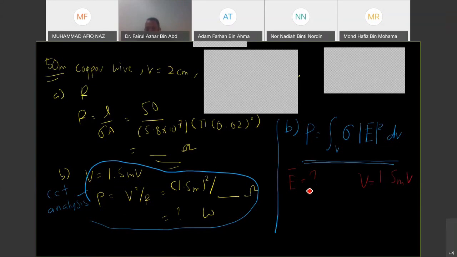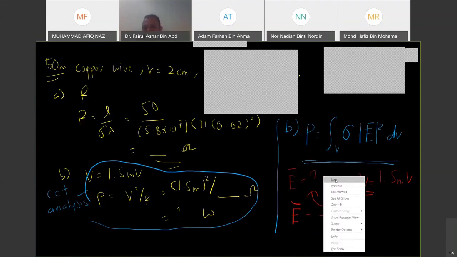From this value of V, in order to find E, we have an expression: E is equal to minus del V.